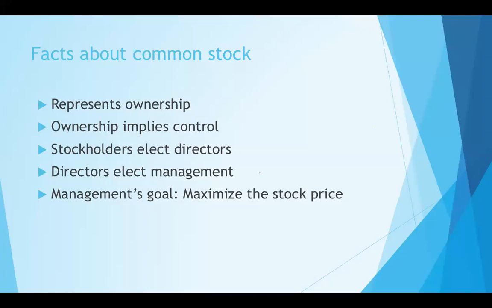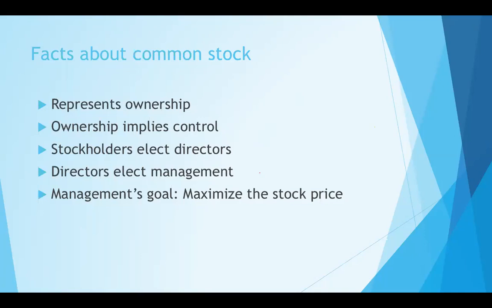In a small firm, usually the major shareholders are the president or the chair of the board of directors, but in large publicly owned companies, stakeholders decide the top management. Of course, the manager's goal is to maximize the stock price and maximize the shareholders' wealth as well.